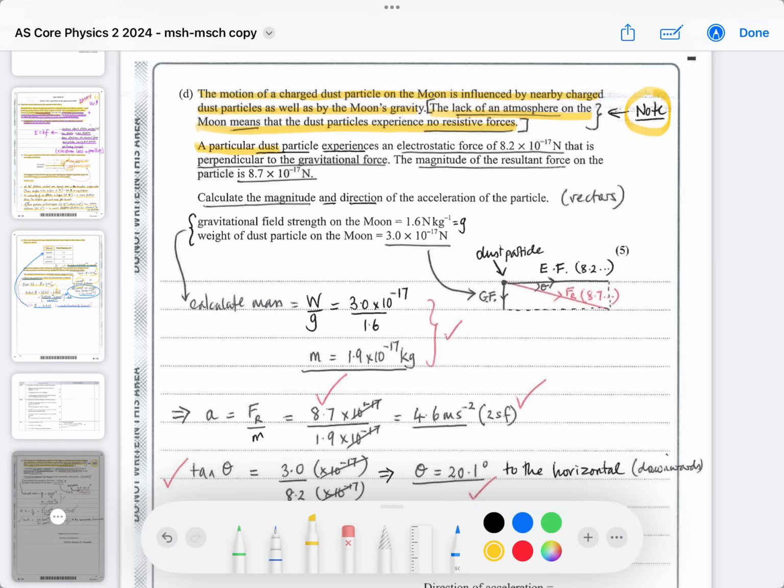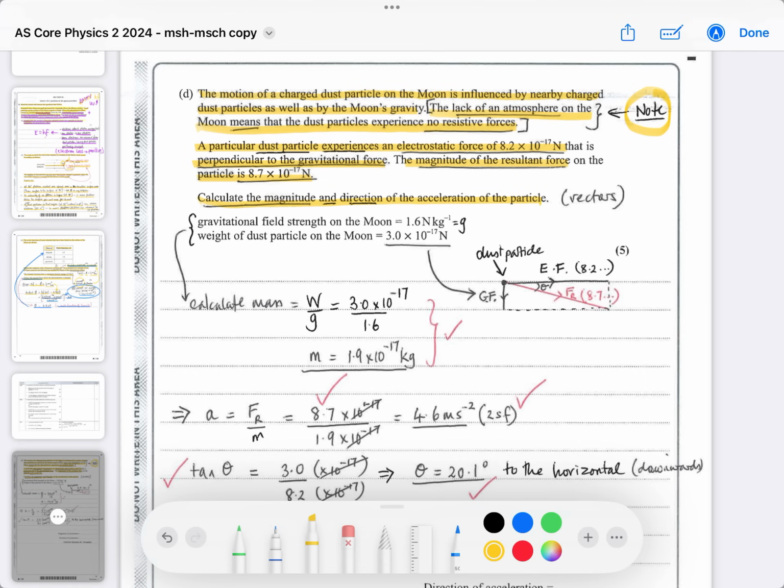A particular dust particle experiences an electrostatic force of 8.2 times 10 to the minus 17 newtons that is perpendicular to the gravity. Well, gravity is obviously downwards, so it's going to be at right angles to downwards, so it would be horizontal. The magnitude of the resultant force is also given to you as 8.7 times 10 to the minus 17. So you have to calculate the magnitude and direction of the acceleration of the particle.